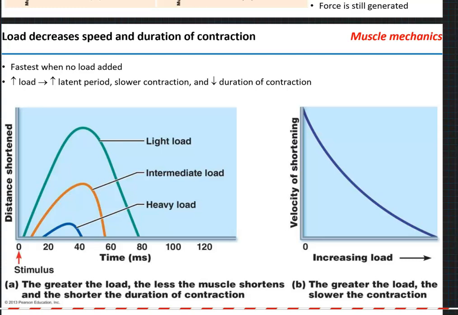Which one are you going to throw farther? Kid's water. Which one is going to fly faster? Kid's water. Because the concentric contraction that you will be able to produce depends on the load. The greater the load, the shorter the move, and the slower the move. Does that make sense?